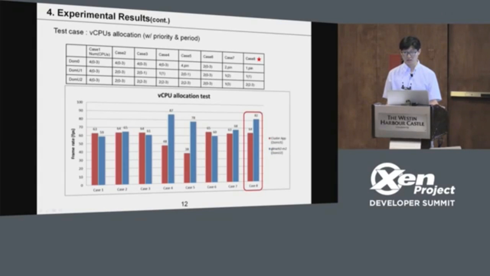These test cases met real-time rendering for the cluster application, but the performance of GL-Mark2 for DOM-2 was not good. Context switching overhead for the GPU might affect the execution time for DOM-2. When domains use dedicated and separated CPUs and vGPUs, the performance results were better than when vGPUs were scheduled. Especially the result of case 8 was the best.